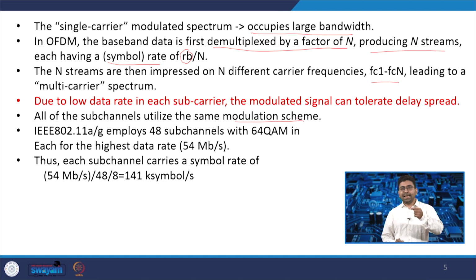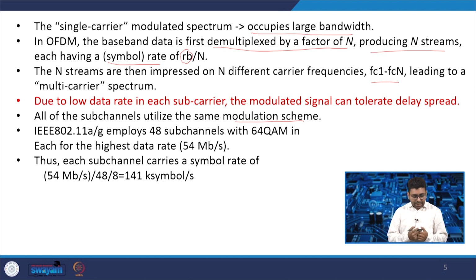Let us say if you are using QAM, quadrature amplitude modulation, then QAM is used in each sub carrier, and it is similar. Let us say if you are using 16 QAM, then for each channel it is 16 QAM. If you are using 64 QAM, for each channel there is 64 QAM.